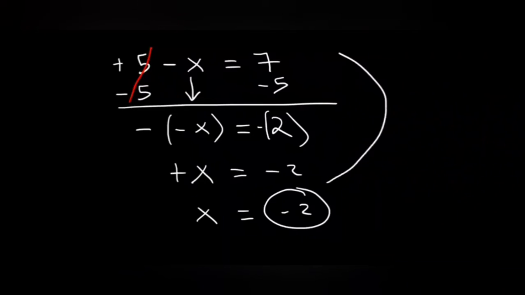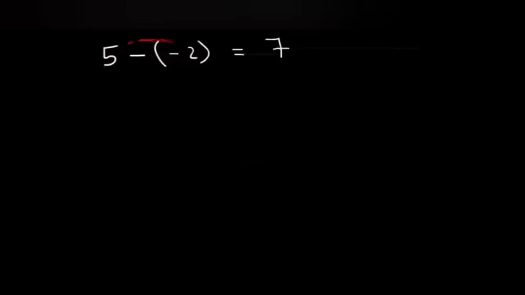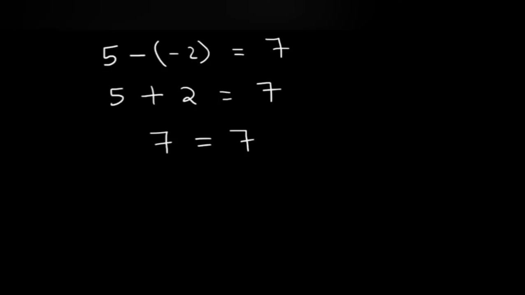Now let's verify. You can put the minus 2 in place of the x there. When you do that, you're going to have 5 minus open bracket minus 2 equal to 7. Now negative times negative gives us positive. Plus 2 equal to 7. So 5 plus 2 is 7. You can see our answer is correct.